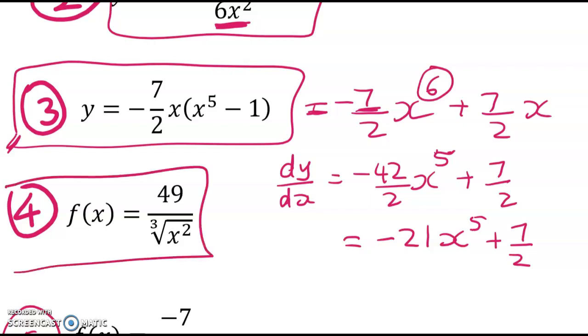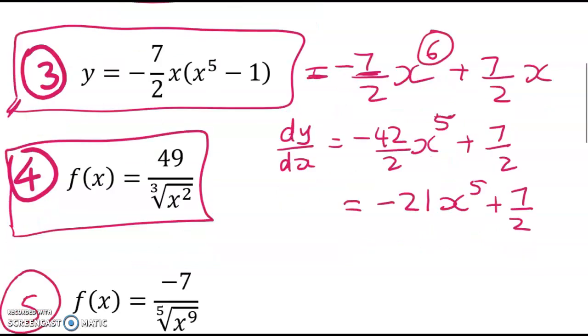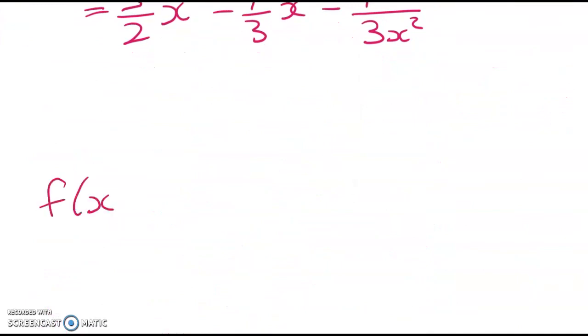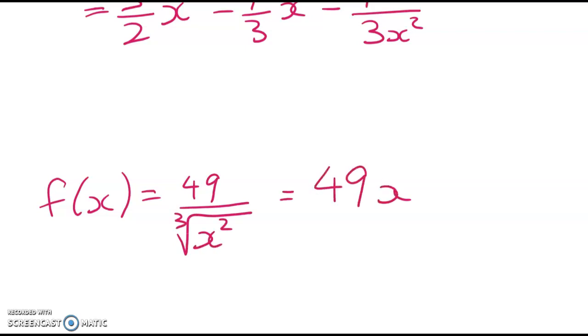Right, now this next one is one where we've got a negative power and a fractional power. So f of x is equal to 49 over this. So that's 49x to the power of negative 2/3.